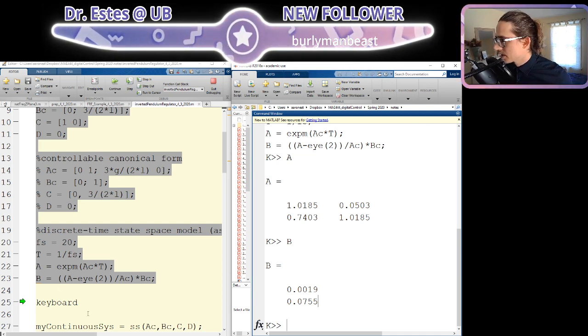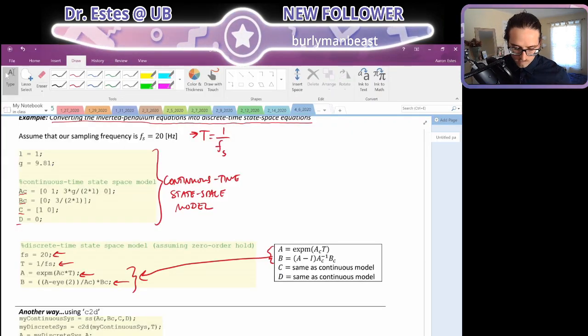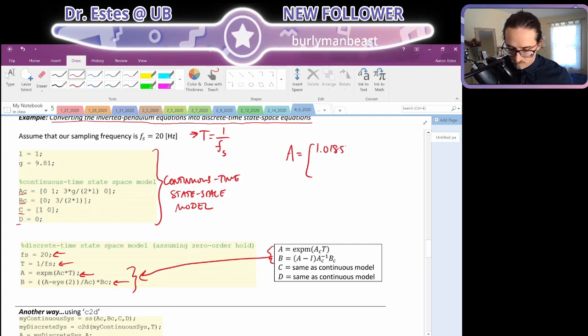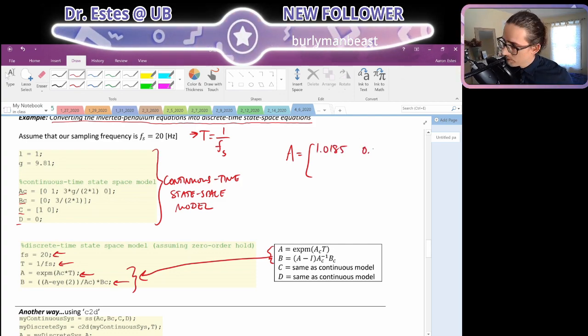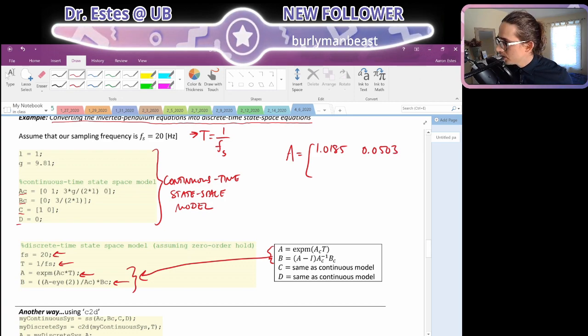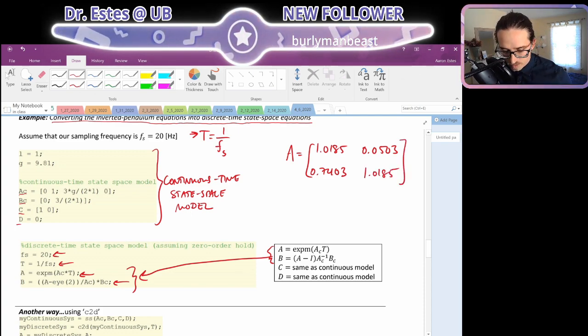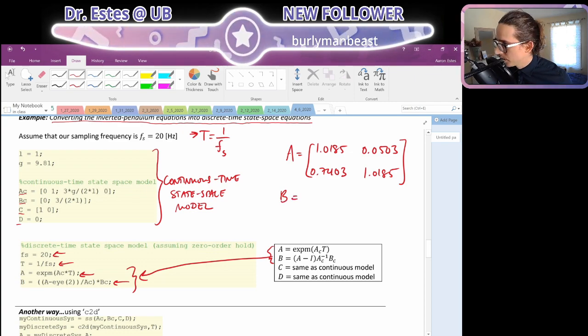Maybe I'll just take a second to write these down. Zero, 0.0503. And remember, this is specific to the sampling frequency we chose. Like if I made this 50 hertz, I would get completely different A and B matrices.